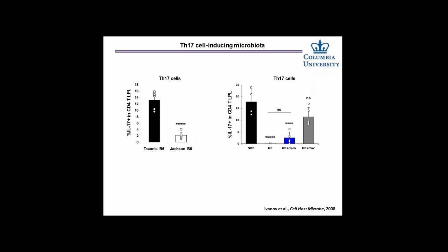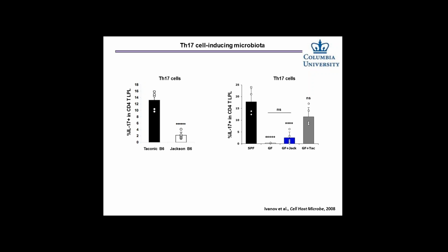And as you can see here, again, colonization of germ-free mice with microbiota from Taconic B6 mice gives wild-type levels of Th17 cells, and in contrast, colonization with Jackson microbiota or fecal material from Jackson B6 mice leads to a very low recovery of Th17 cells.